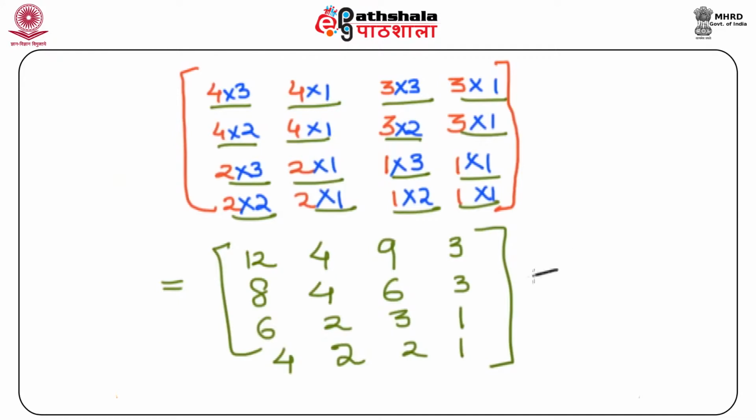So what you can see is this is the direct product between the matrix A and B that we had taken, which were 2 by 2 matrix each, and the product is a 4 by 4 matrix.